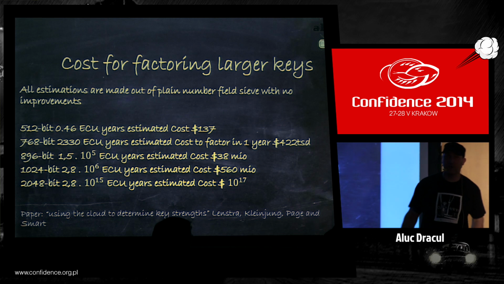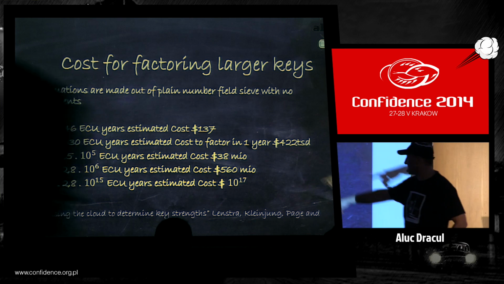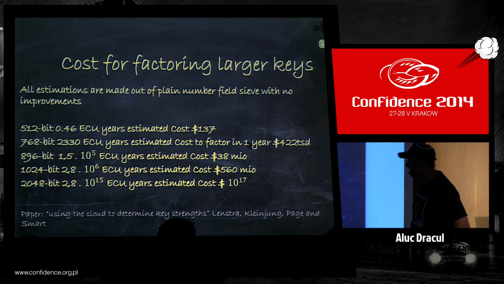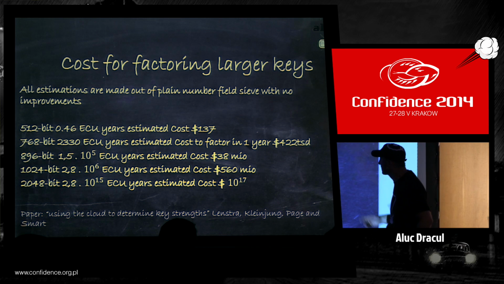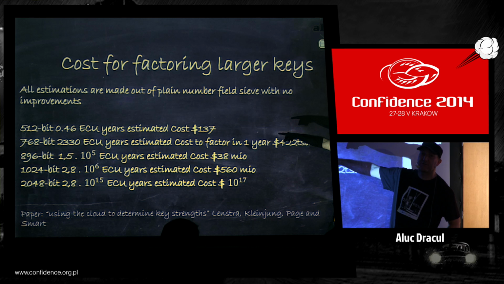These numbers are made by the guys. There's a paper out there, using the cloud to dynamic key strengths, from Lenstra, Klein-Jung, Page, and Smart. So that's not my estimation, that's the estimation from other people, because it took me about $256 to do the first one.